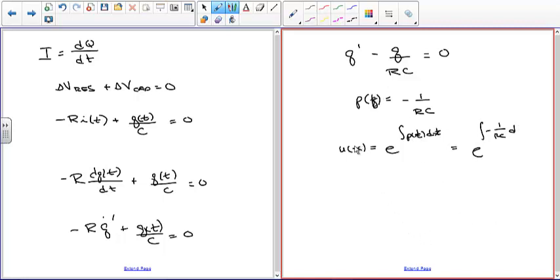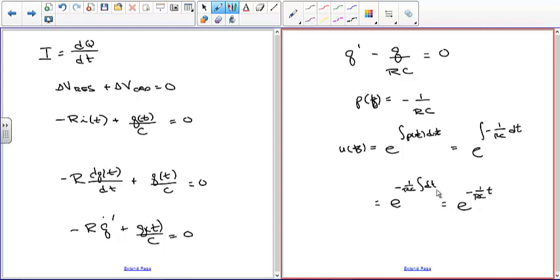So these are all constants, so what you end up with is e to negative 1 over RC times the integral of dt, and the integral of dt is just t, so you get e to the minus 1 over RC times t. So that's my integrating factor.